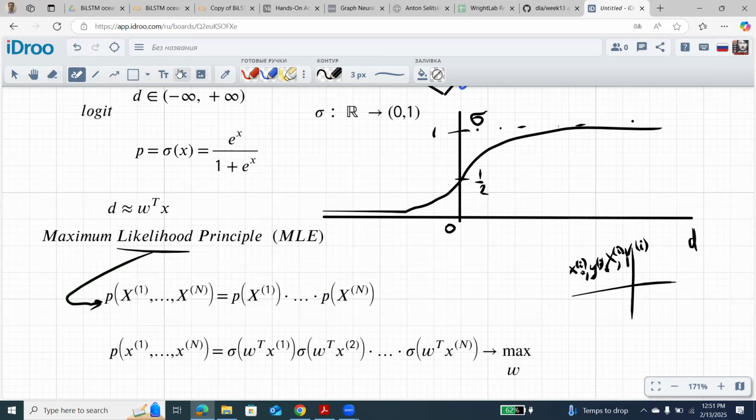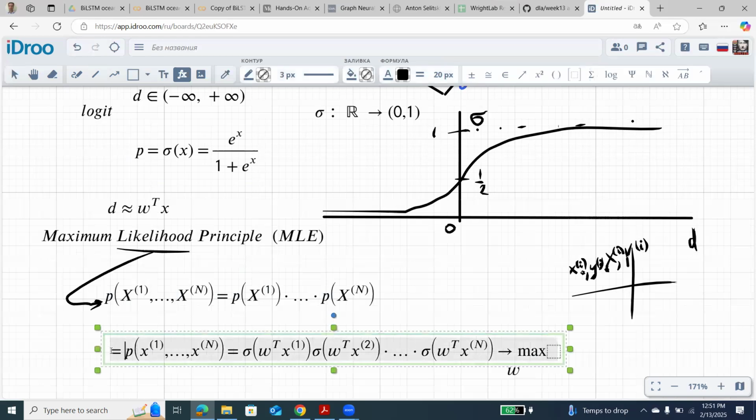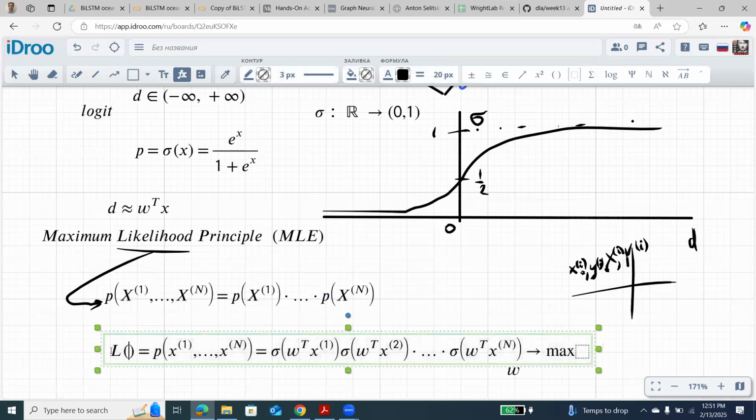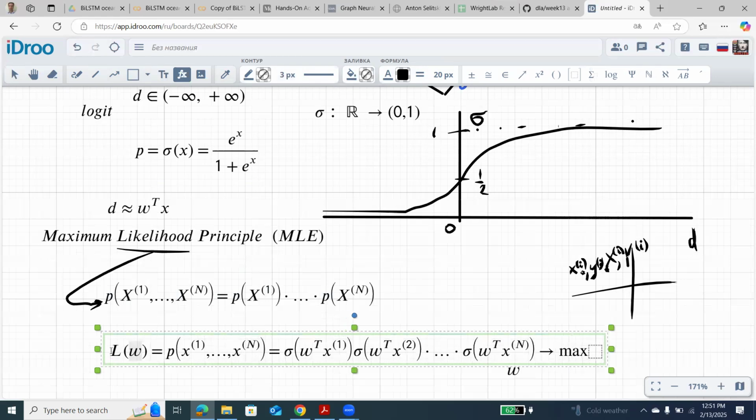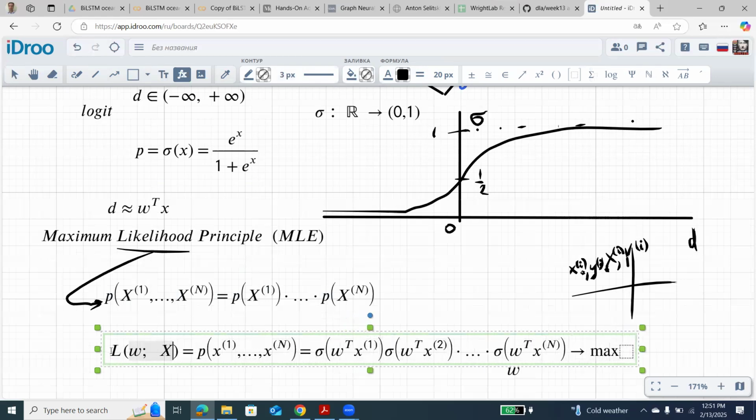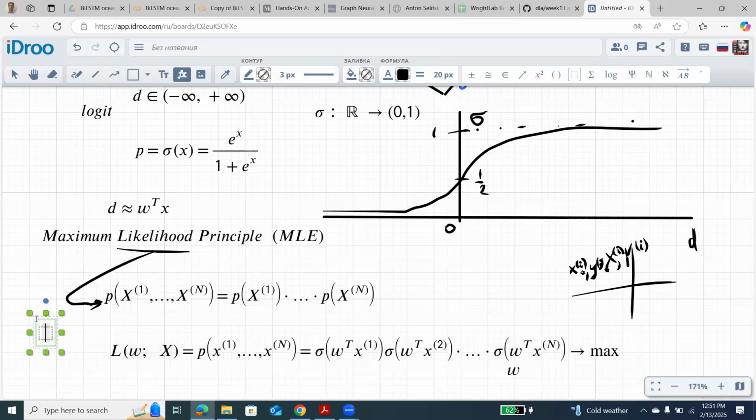Likelihood is a function of W, but also of the observations. By capital X, typically we denote a random variable, but in this case I'm using X just for the matrix of our observations, you remember, with features in columns.